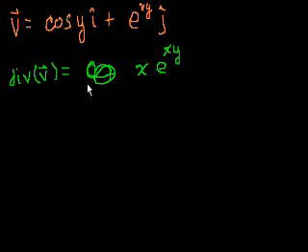And one thing to immediately realize, even before we work on the intuition, is when we did gradient, I gave you a surface, or I gave you a scalar field, and you got a vector field. When you take the divergence of something, you're going in the opposite direction in some ways. You start with a vector field, right?